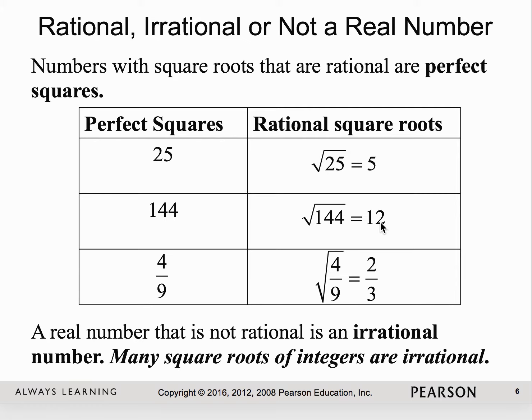If it's not a perfect square, like that first one on the previous page, no whole number times itself equals 17, these kind of numbers are irrational. And then, of course, if we have a negative underneath here, those are not even a real number.